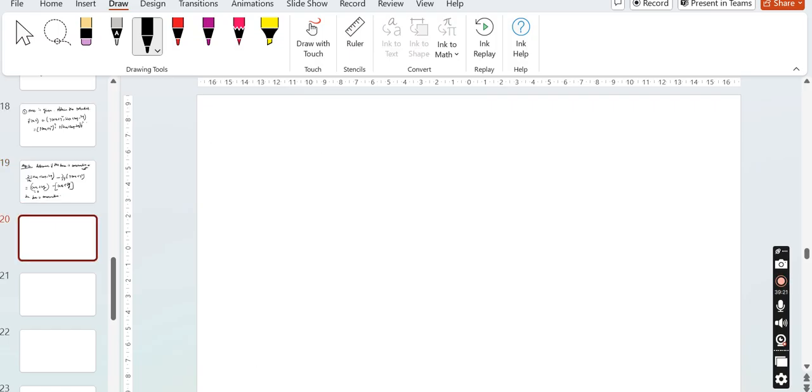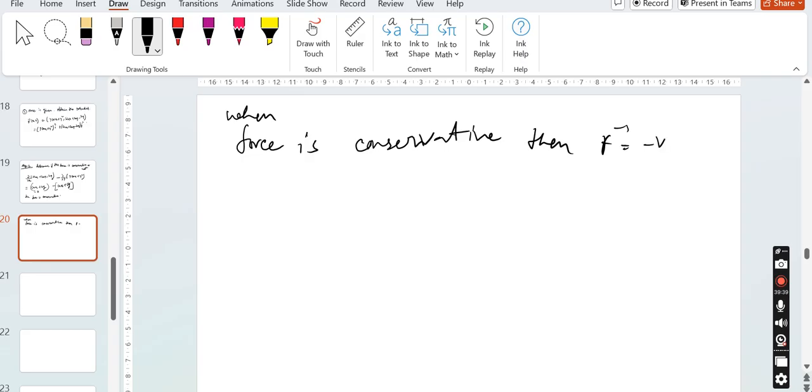So next comes the second part, step 2. When the force is conservative, then the force is derived from a potential.